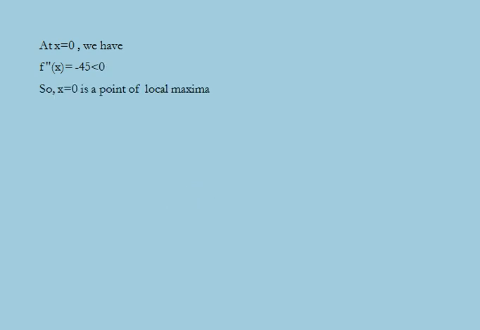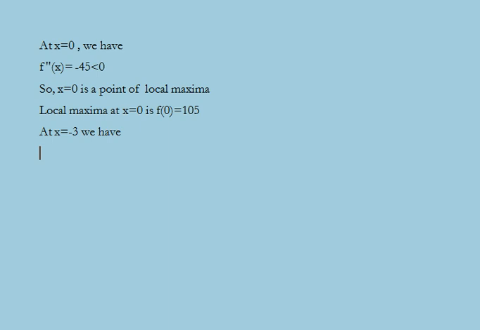So at x = 0 we have a point of local maxima, and the value of this local maxima is obtained by substituting x = 0 in the given function. We have f(0) = 105. Thus the local maxima at x = 0 is equal to 105.